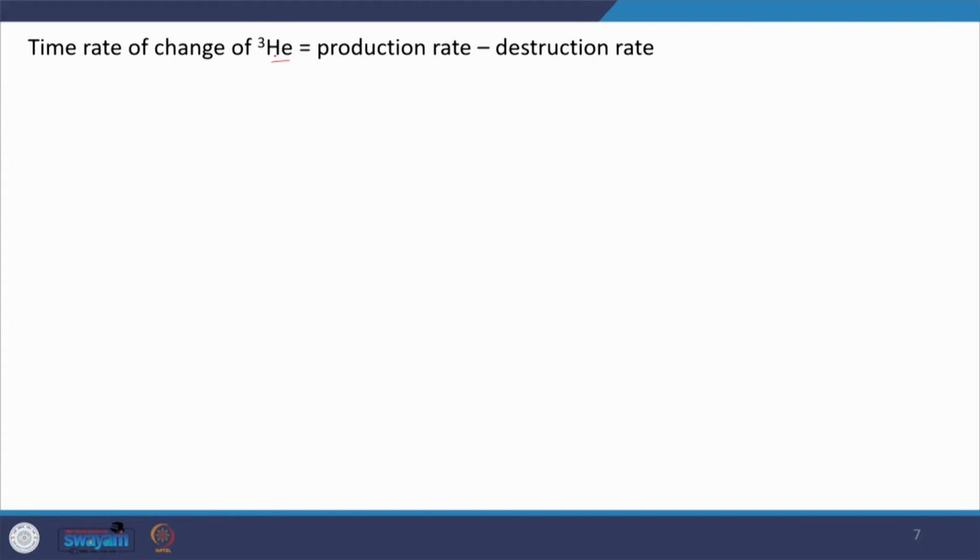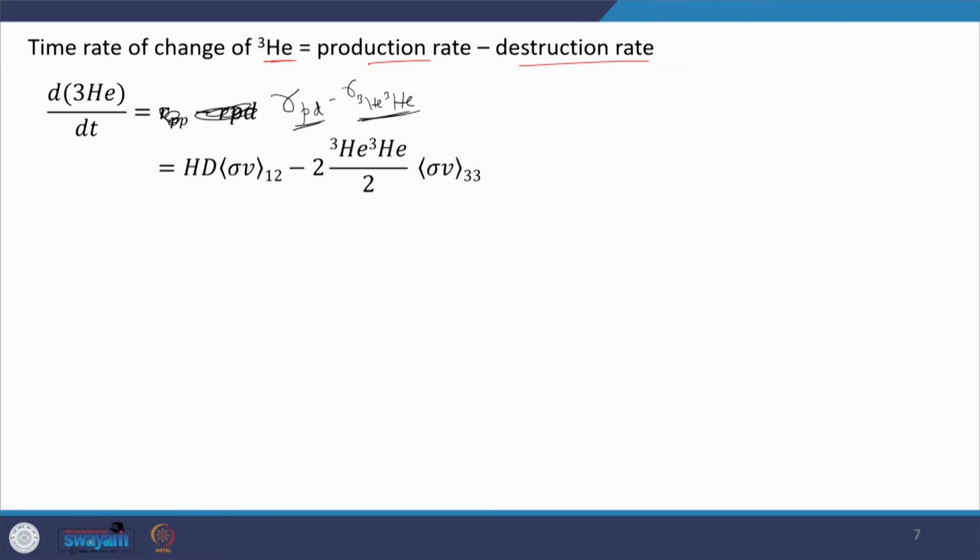Now, let us see the time rate of change of helium-3: production rate minus destruction rate. The production rate is P plus P, as I have written earlier in this equation. Let me correct it here. The rate of production is R_PD minus R_helium-3, that is the production rate minus the destruction rate, to understand the time rate of change of helium-3.